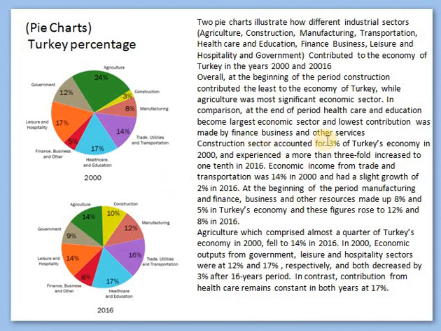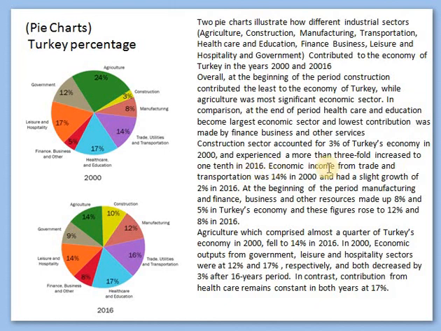The construction sector accounted for 3% of the economy of Turkey in 2000 and experienced more than a threefold increase to 1/10 in 2016. So the construction sector was 3% and it's now 10%. Instead of saying 10%, I use the phrase increase to 1/10. 1/10 means a 10th part, which is 10% in 2016.